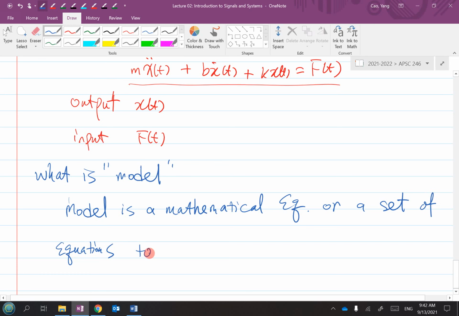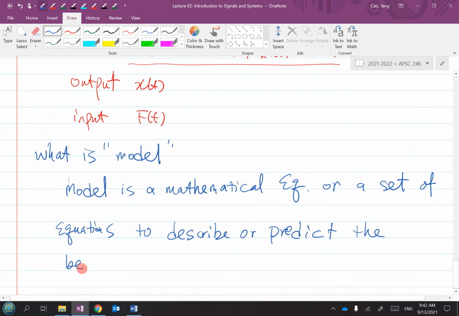The purpose of the equation or equations is to describe, or you can even call it predict, the behavior of the system. And that's basically what makes human beings smarter than most other creatures in the world.